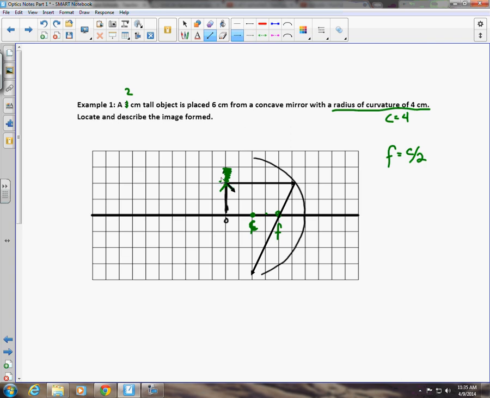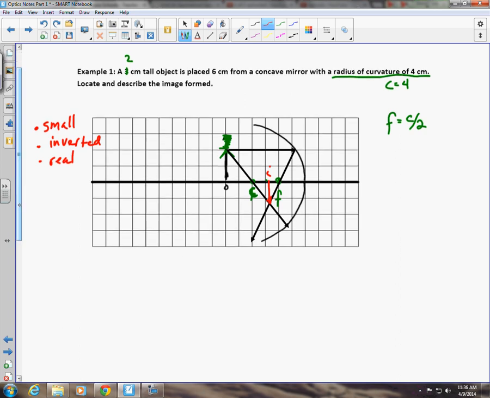So they go from the top of the image straight through the center. And where they meet is where I draw my image. So they're meeting here. So I draw from the axis down to the meeting point, and that is where my image is. And we're going to say that this is a small, inverted, and real image.